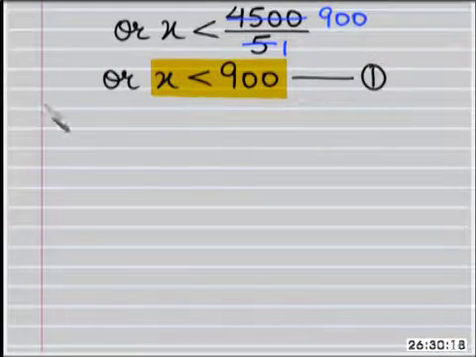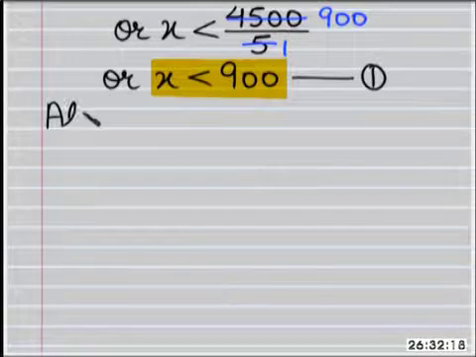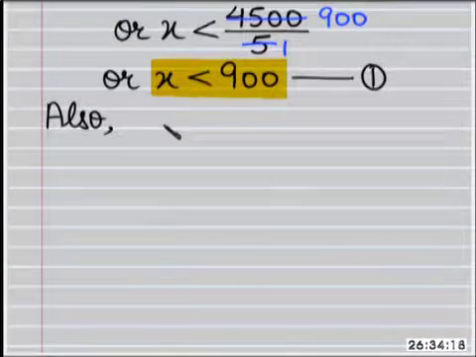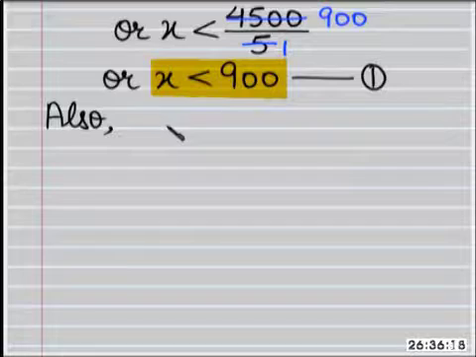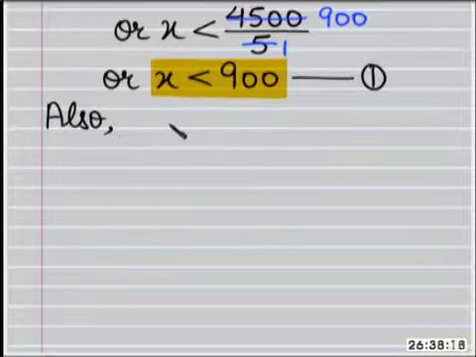Also, we are given that the resulting mixture should contain less than 30% acid content.